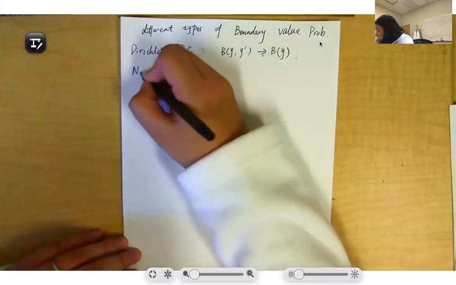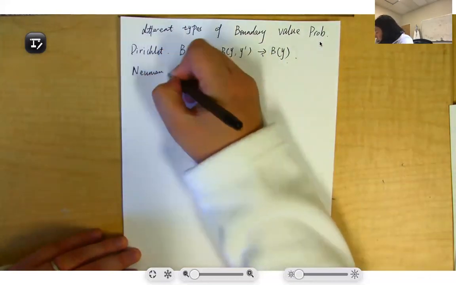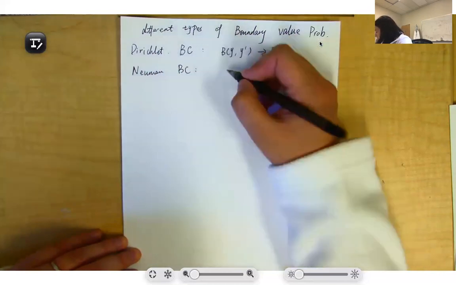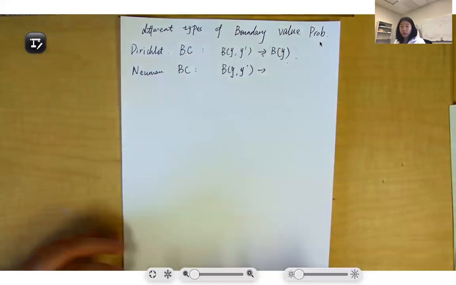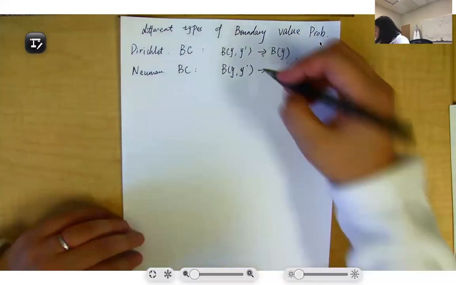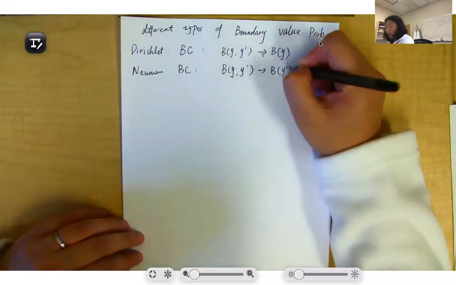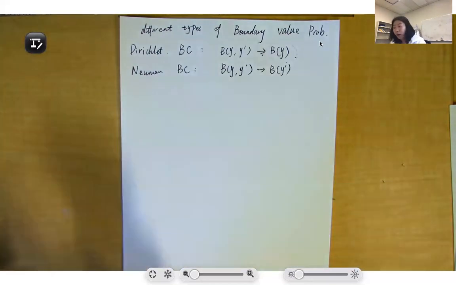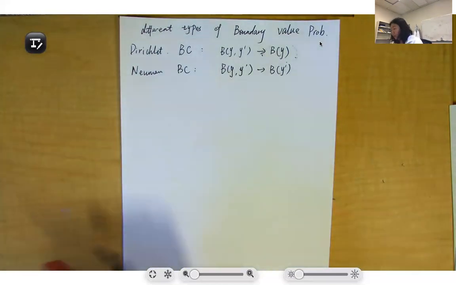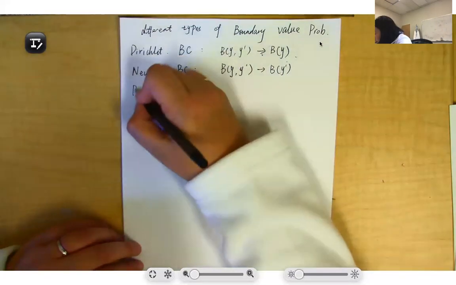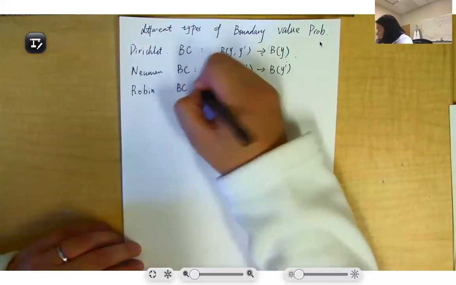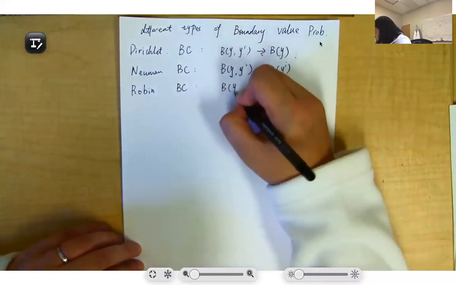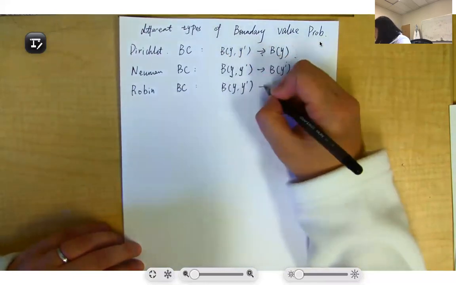There is another called Neumann boundary conditions, where instead of giving the boundary condition on y, you give the boundary conditions on y prime. For example, y prime at x1 equals what, y prime at x2 equals what. Then the third type is called Robin boundary conditions, where you are giving a mix of y and y prime.